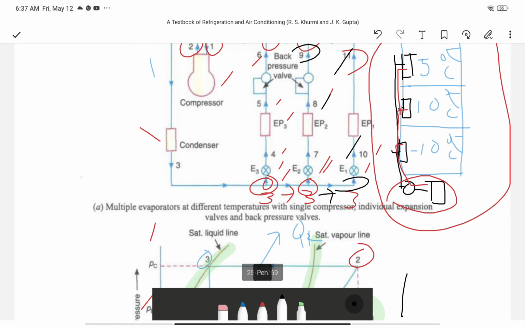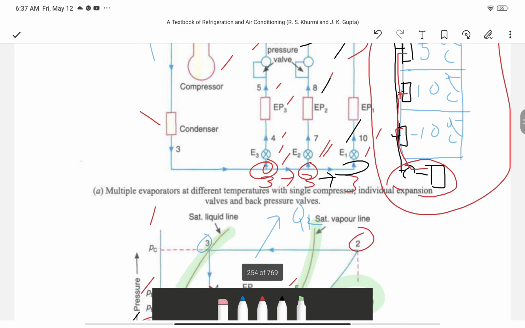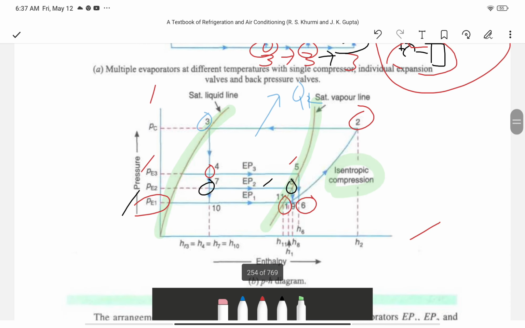There is no more back pressure valve because this is the lowest pressure you have in the system. Why? Because this is the last expansion valve, right? So from 10 it goes to 11.